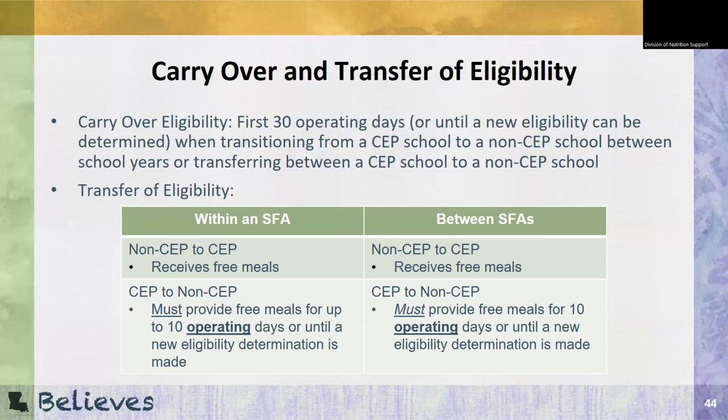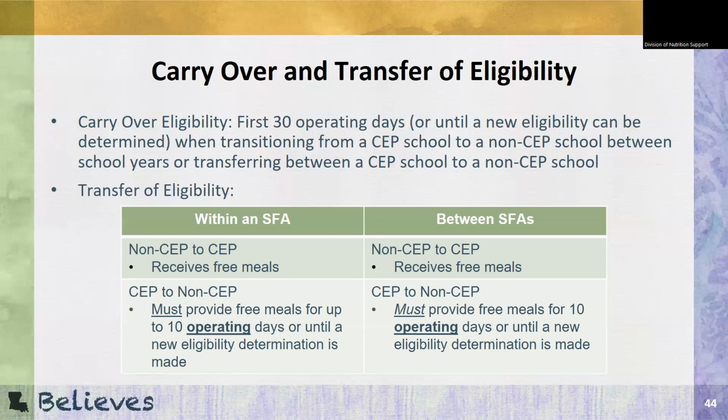Meals served to students during the carryover period are claimed at the federal free rate. For purposes of the CMP's, carryover refers to a child's eligibility from the previous school year being carried over into the current or new school year.